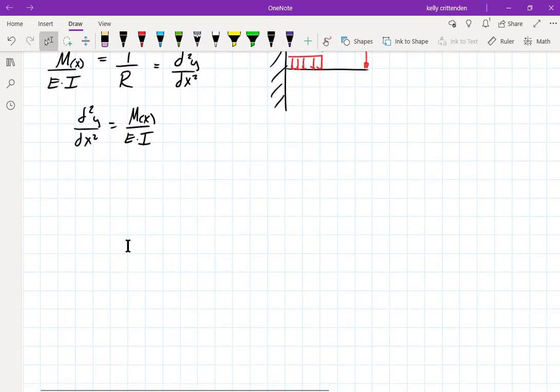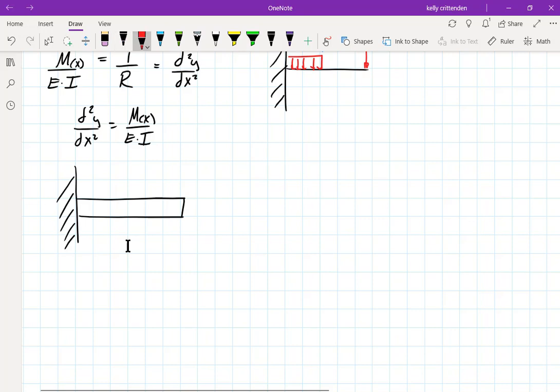So let's go back to our cantilever beam with a single point load, just to make it an easy deal. Let's put variables on it instead of numbers for now, so that we can see the variables in the equation.